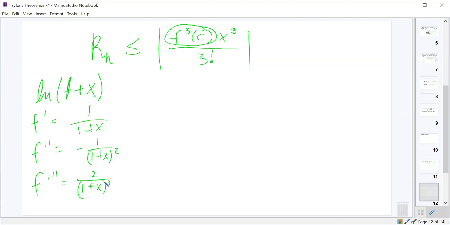Okay. So now we are interested in what x value is going to make this the largest.